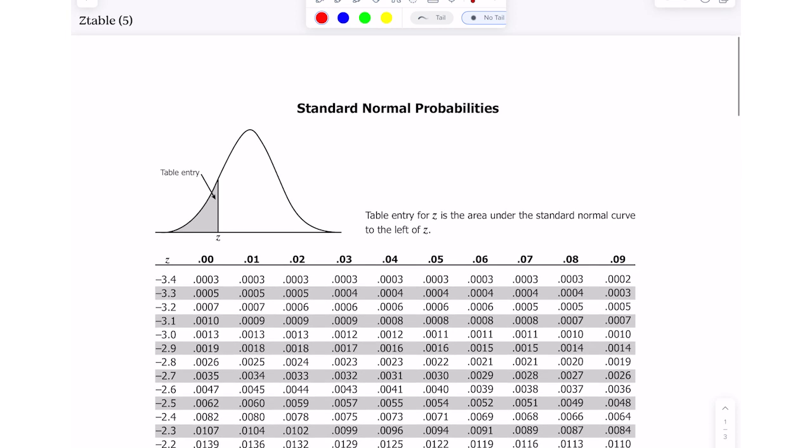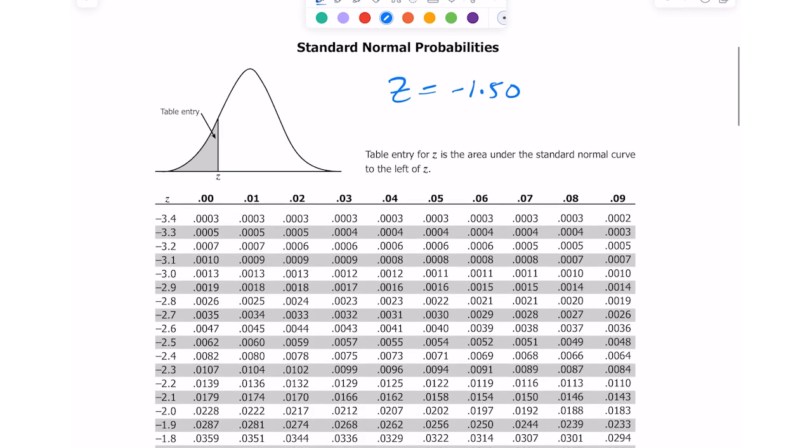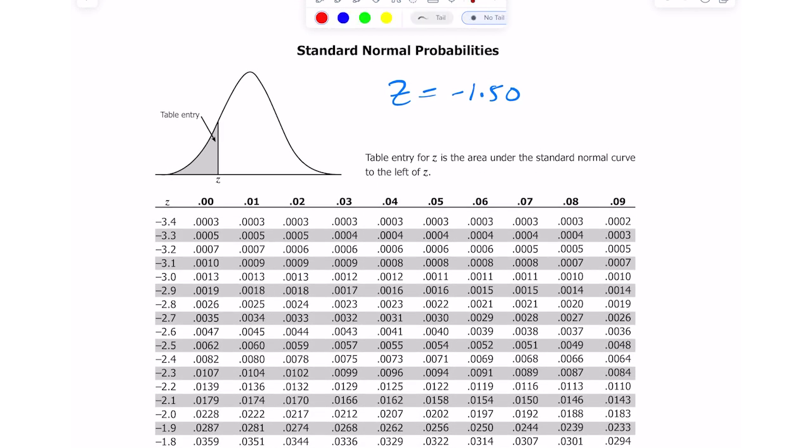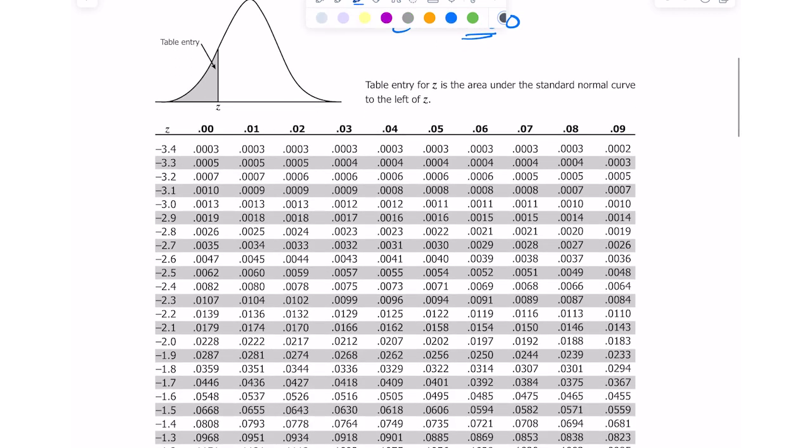Since z is negative, I'm going to add in a 0 there. I get negative 1.50, so this negative 1.5 is the row that you're going to look at.